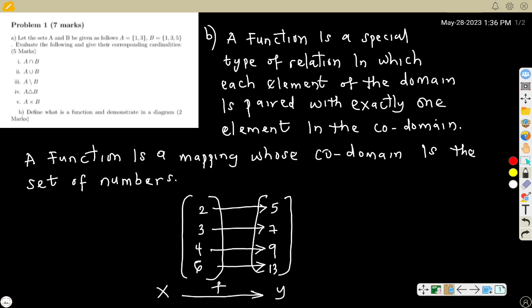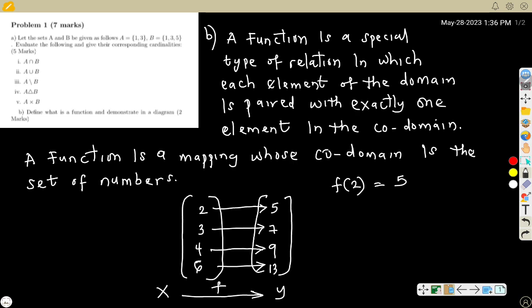It means we observe here that 5 is the f image of 2. So we can write that as f(2) = 5.